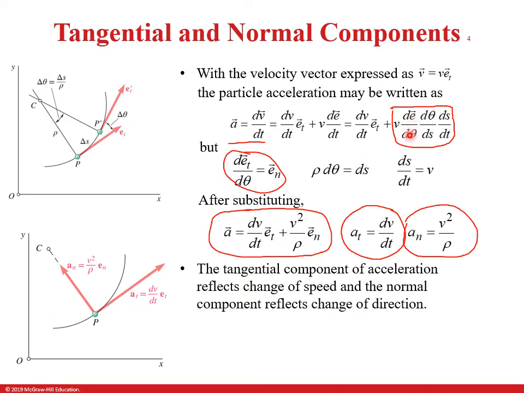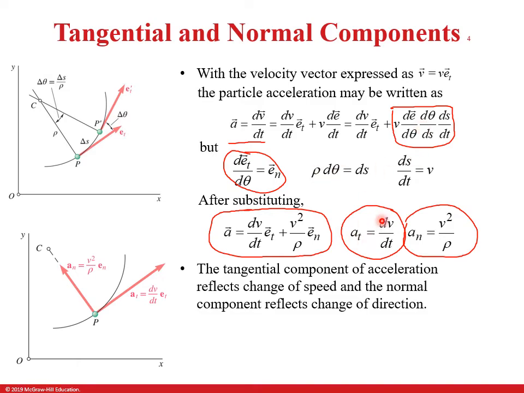I'm not seeing it yet. Oh, so this dE d theta gives us the normal direction. That's how we get our normal direction. And then d theta over ds, that gives us the rho.